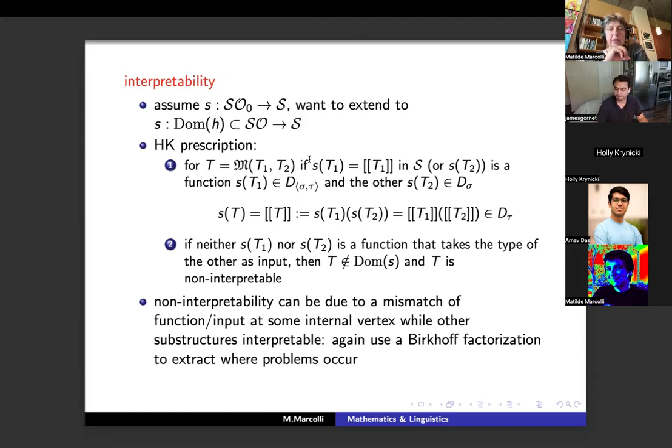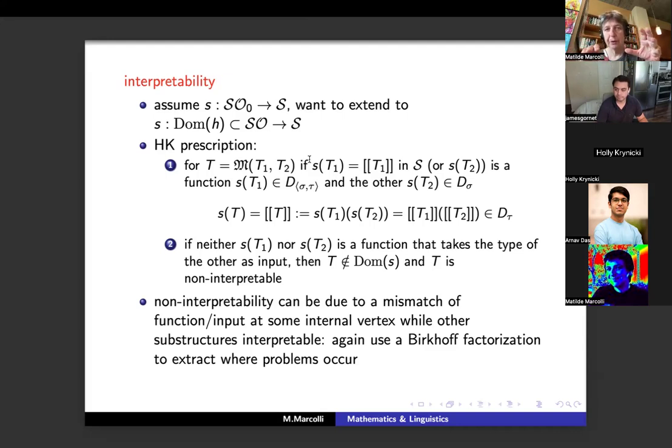And so the way that this is done in the Heim-Kratzer semantics is as follows. A certain syntactic object is parsable from the point of view of this form of semantics if, so this is an inductive definition, you split your tree into two parts by merge, and it's parsable if, when you put them together, the corresponding values that you already have of the two subtrees are such that one of them is a function that can be applied to the other as a domain.